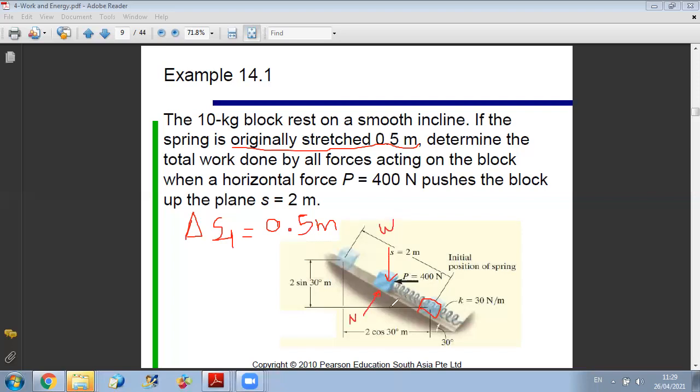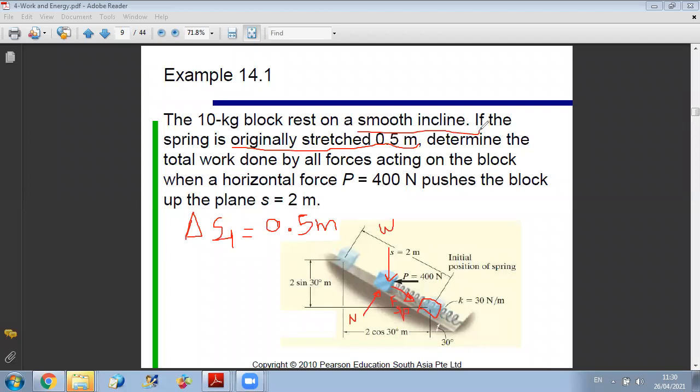Since my block was already stretched, I am stretching it more, so the spring will do on the block a force opposing its motion, so it will try to push it downward. So this is F of spring. Now, since they said it's a smooth incline, this means no friction, so we don't have a friction force.